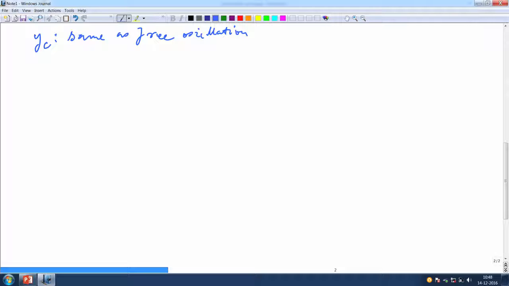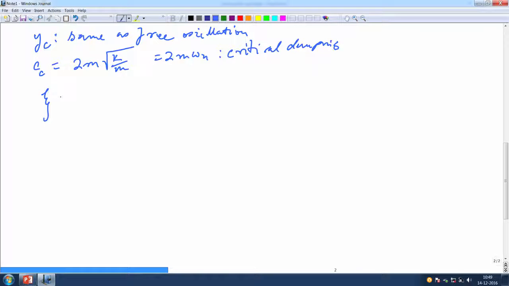For underdamped cases, there are several other parameters that we define. There is something called the critical damping, which is basically this. Then there is something called the damping ratio.